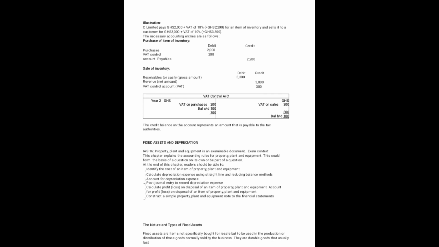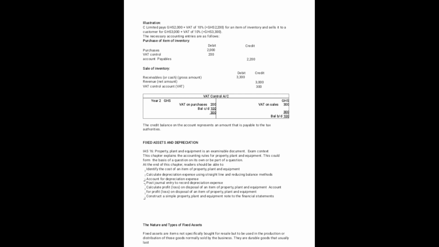And we record revenue at the credit side at the net amount. So the net amount is 3,000. And we record what? VAT in the VAT control account, which is 300.